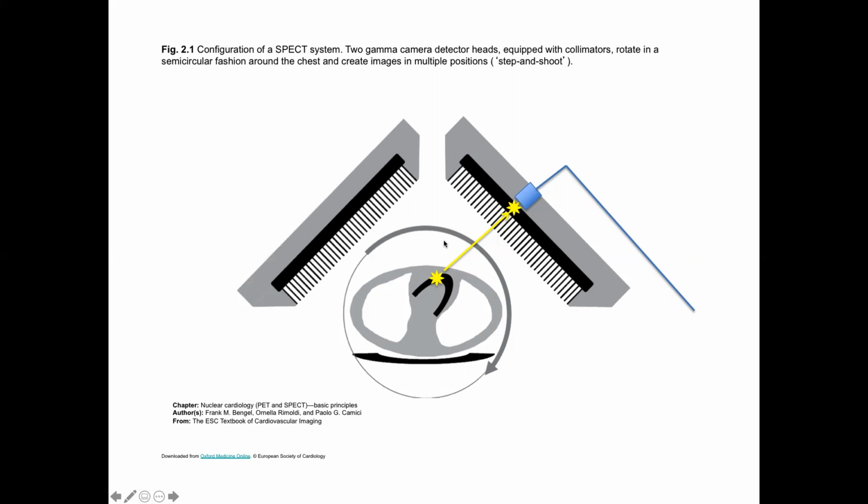What we want to build up is a collection of samples of photons that come from a straight line directly perpendicular to the detector. If it's coming at an angle, we don't know where it came from. You just don't know. So here, this septa is very important. We get an event, and we know it came from somewhere along this line. We don't know that it came from here, but we know it's somewhere along here.